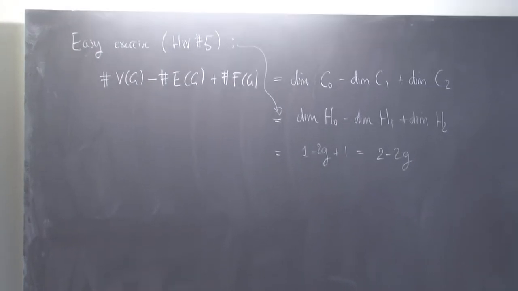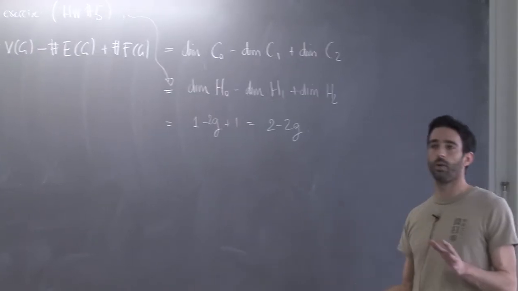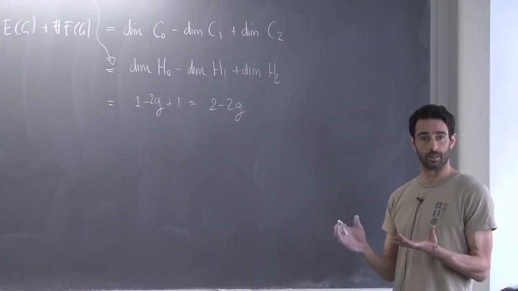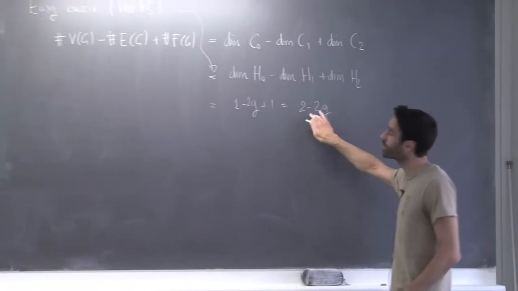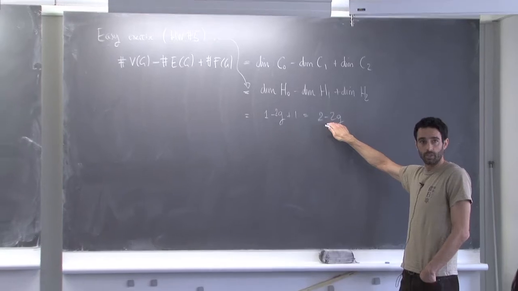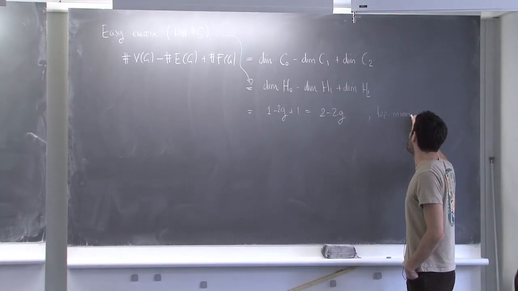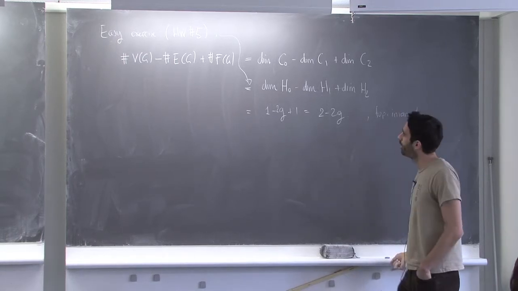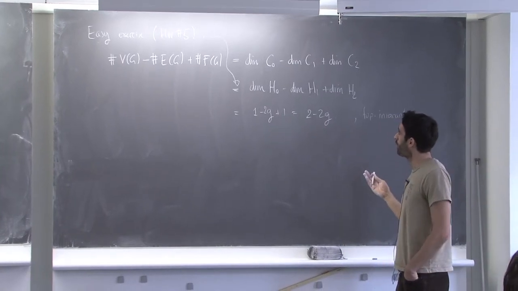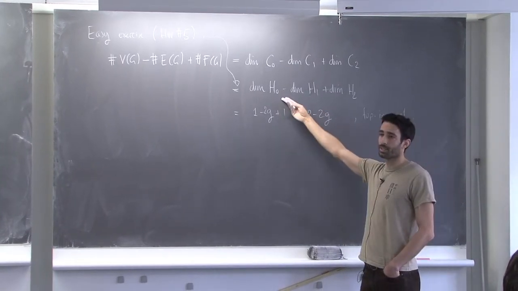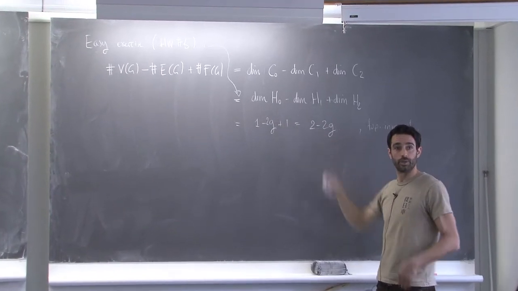And so if you have a surface of genus g, you embed a graph in any way you want, such that the faces are topological disks, then if you count number of vertices minus number of edges plus number of faces, it's always going to be the same result. That's a topological invariant. So the exercise, as I phrased it in homework 5, is if you assume that the homology groups are topological invariants, prove that the Euler characteristic also is a topological invariant.